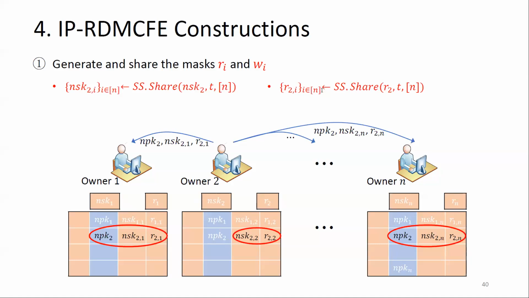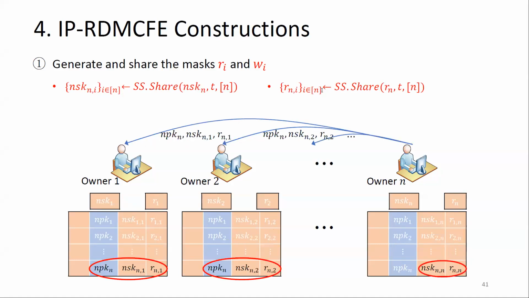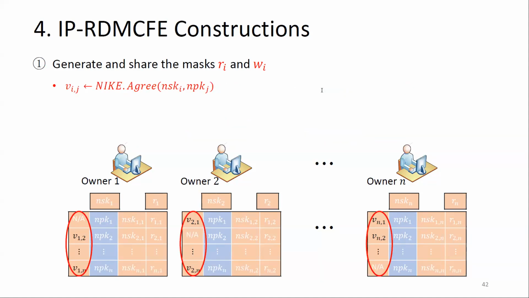Every owner does this. Finally, each owner puts the NPKI and a pair of shares in a list. Using NSKI, the owner I can compute the n-1 shared keys VIG. Using VIG, the owner I can compute the mask Wi.